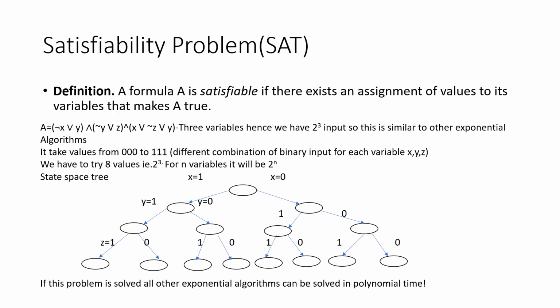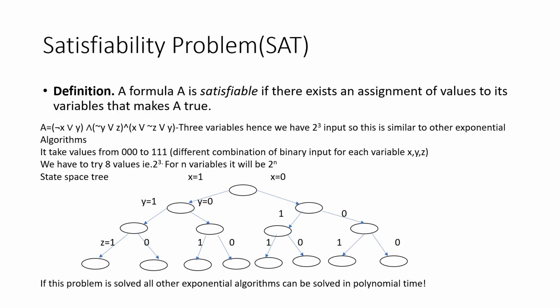For you to understand better, I have also given the state space tree. If you see that state space tree, the first node tells whether to include my first value of x, that is, what value to include for x. It can take 1 or 0, and similarly y can take 1 or 0, and z can take 1 or 0.